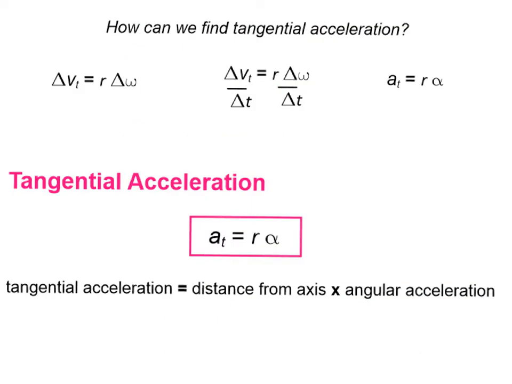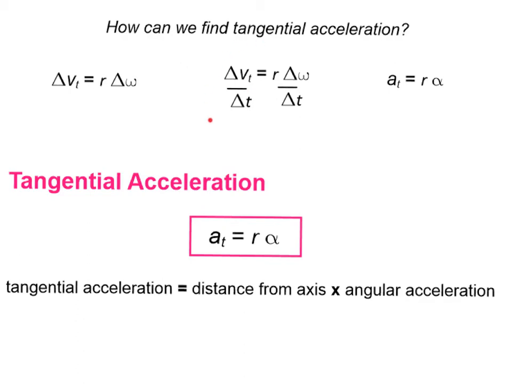So how can we find tangential acceleration? I'm going to start by using our equation for tangential velocity that we just learned right here, and we can simply divide by the time interval on both sides of the equation.